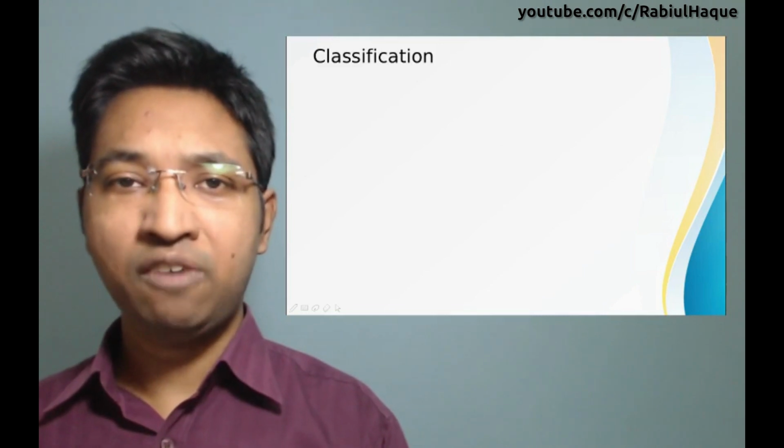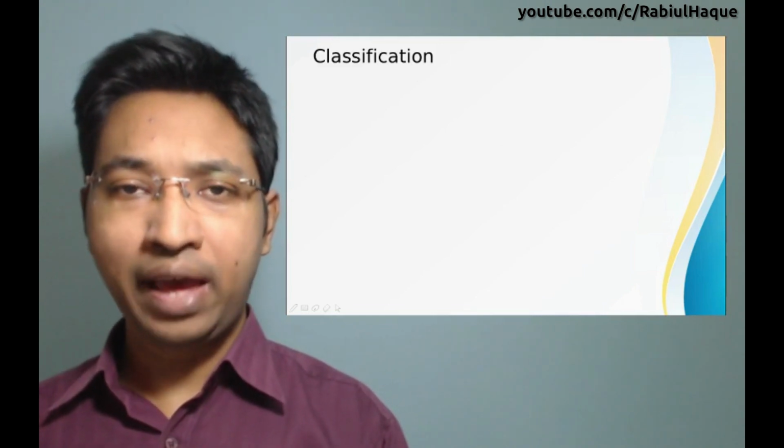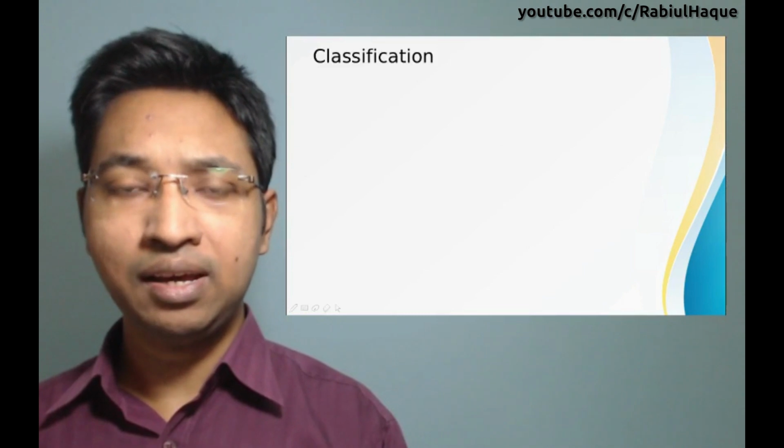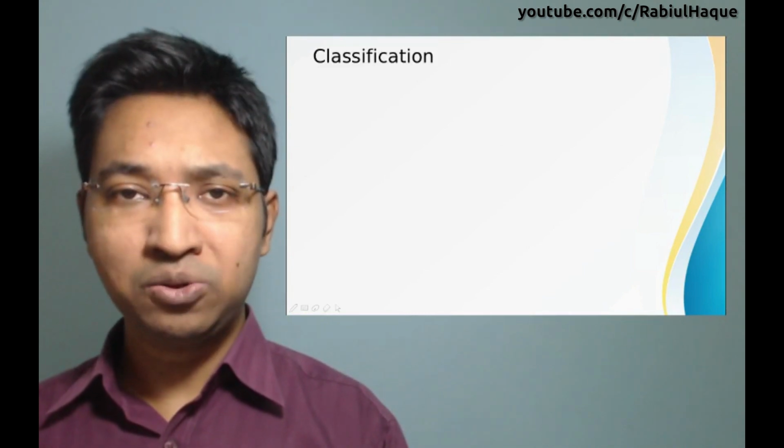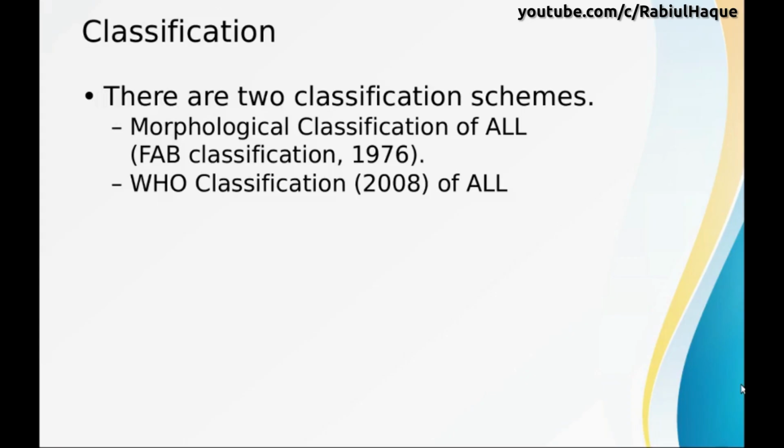Now that we have talked about the incidence, let's move on and talk about the classification. Regarding classification of acute lymphoblastic leukemias, always remember there are two classification schemes. The first one is called morphological classification, also known as the FAB classification, and it was introduced in 1976.